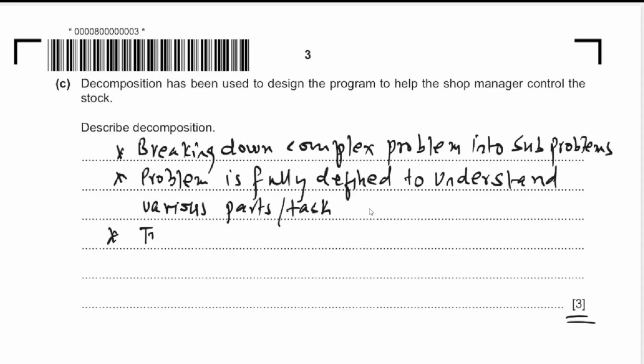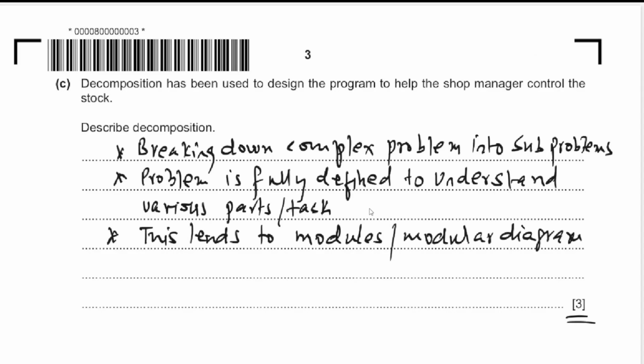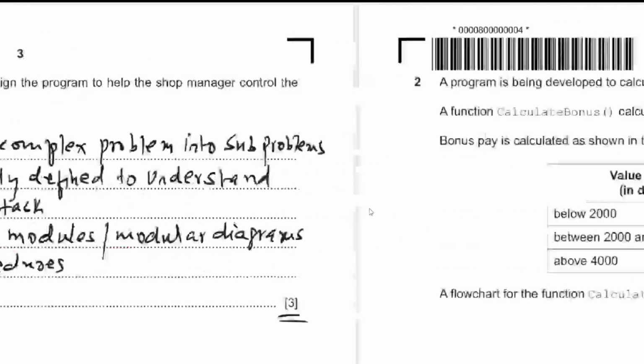So this leads to the modules or modular diagram, or functions, procedures. All right. So these are the points that we can write. 3 points are enough to secure the 3 marks.